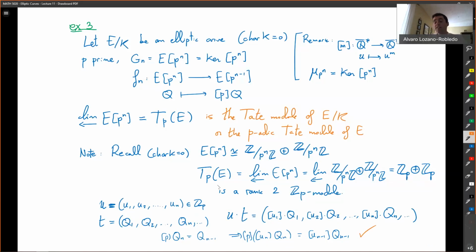Okay, so this is a way of very neatly packing all the information about points of order P, of P-powered torsion points. And it turns out that, surprisingly, sometimes you want to know something about P torsion of your elliptic curve, and you don't care so much about the P squared torsion or P cubed torsion.